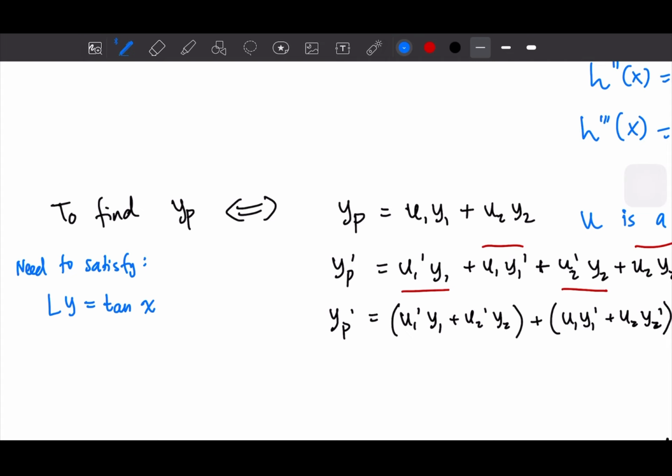L is the linear operator in the first order, related to the linear equation. So we have B, we have L, there are just some different symbols, to help remind you that L is the linear operator.